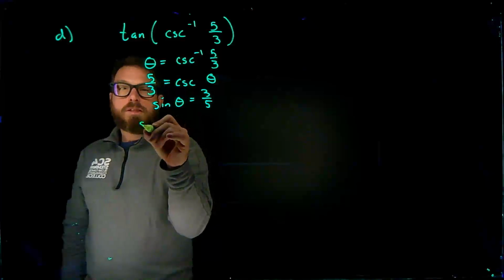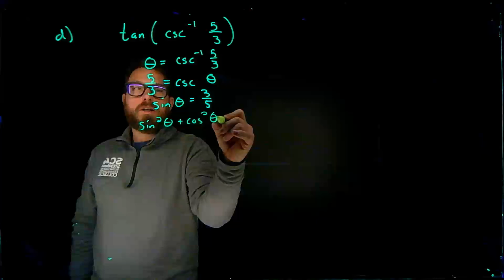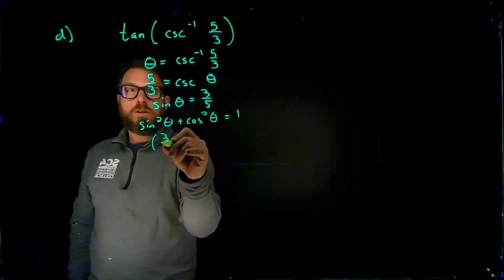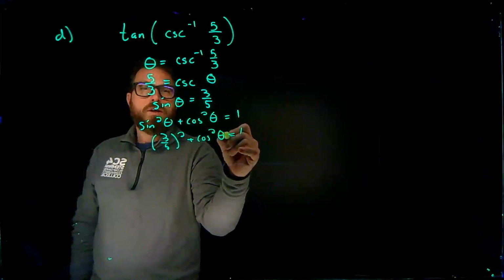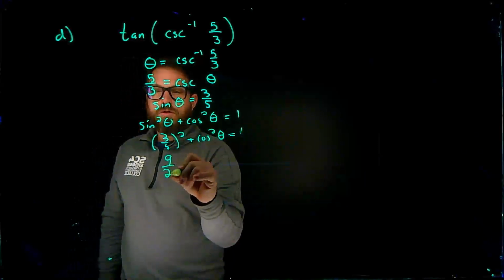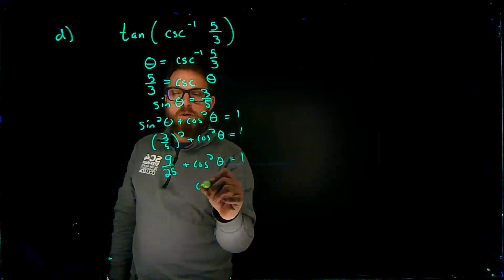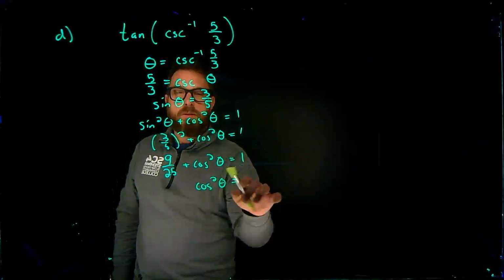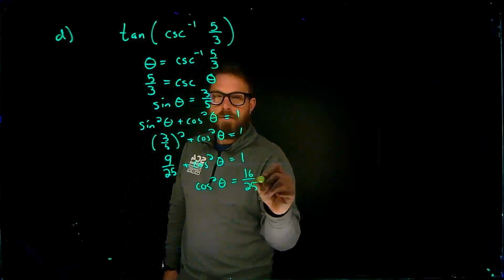So that means the sine squared of theta plus cosine squared of theta is equal to 1. So this is going to be 3/5 squared plus cosine squared of theta is equal to 1. So this is 9 over 25 plus cosine squared of theta is equal to 1. So cosine squared of theta is going to be 25 minus 9, which is 16 over 25.